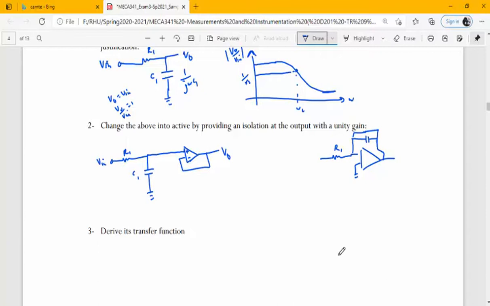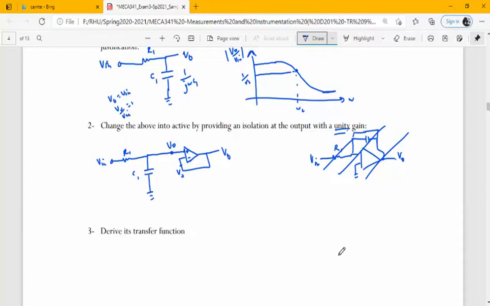This would isolate the input and the output at the same time. Here we are asked only to isolate at the output, and we are given that it is a unity gain. This indicates that we need to use a buffer. Unity gain, so this is V out.